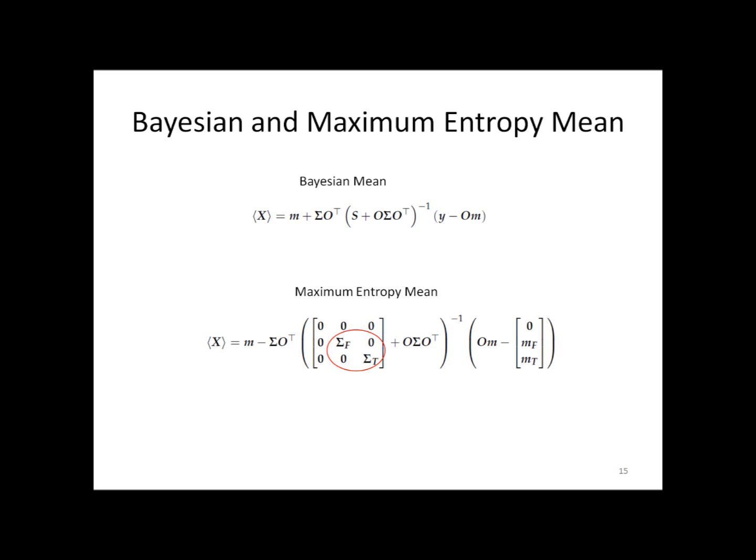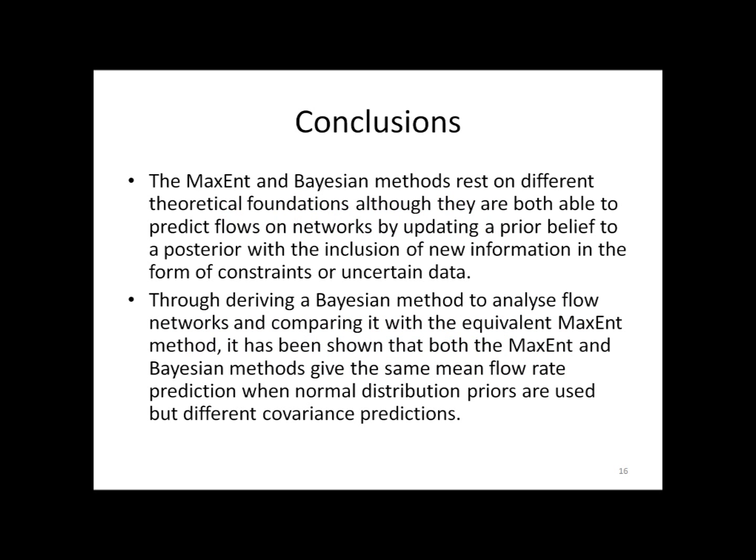So it ends up that both the MaxEnt method and the Bayesian method give the same means, but their covariances are different. The Bayesian and MaxEnt methods rest on different theoretical foundations. They can take observations and update a prior belief to a posterior.